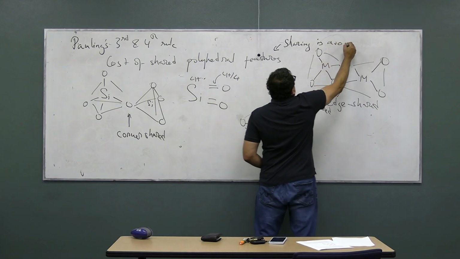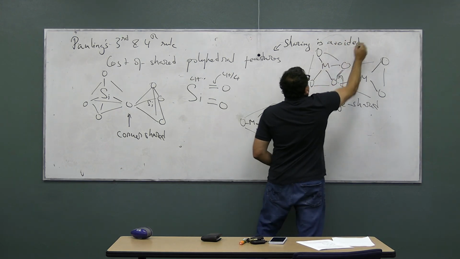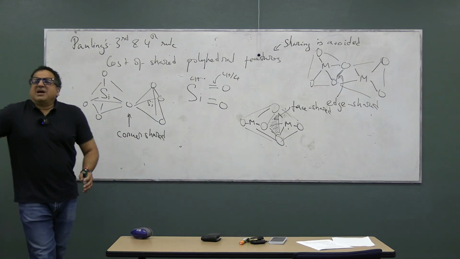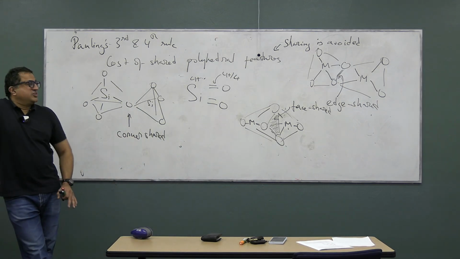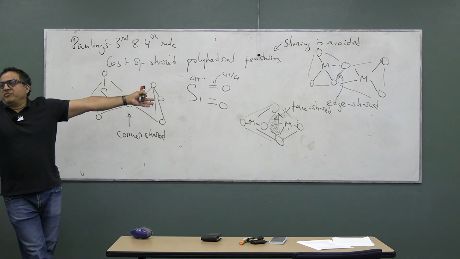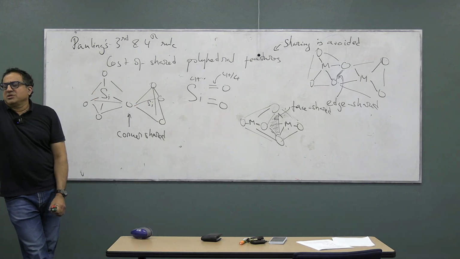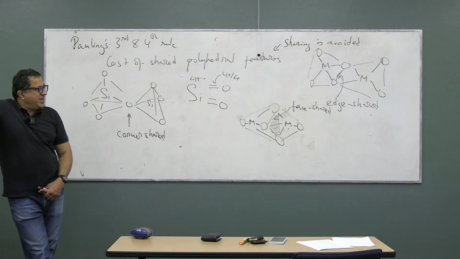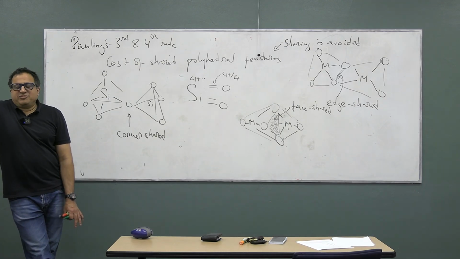If the structure can avoid sharing, sharing is avoided. In fact, I don't know of a single structure of silica where you have edge sharing of SiO4. It's always corner sharing.